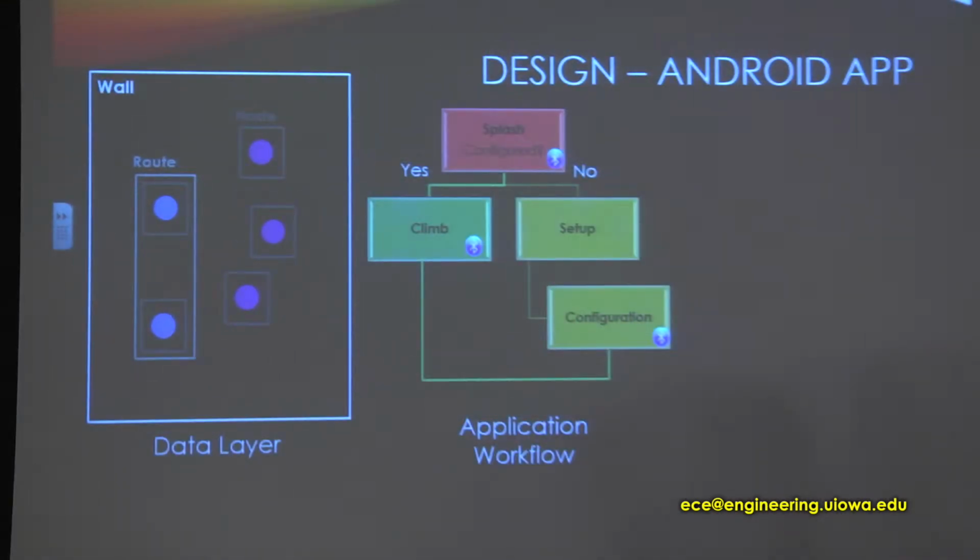So our application workflow, these are kind of the main pages that we had going on in the app. These would start off with the splash screen. And that's where all the initial communication happens between the application and the hub. So it's kind of this conversation where the application goes to the hub and asks, is the wall configured?